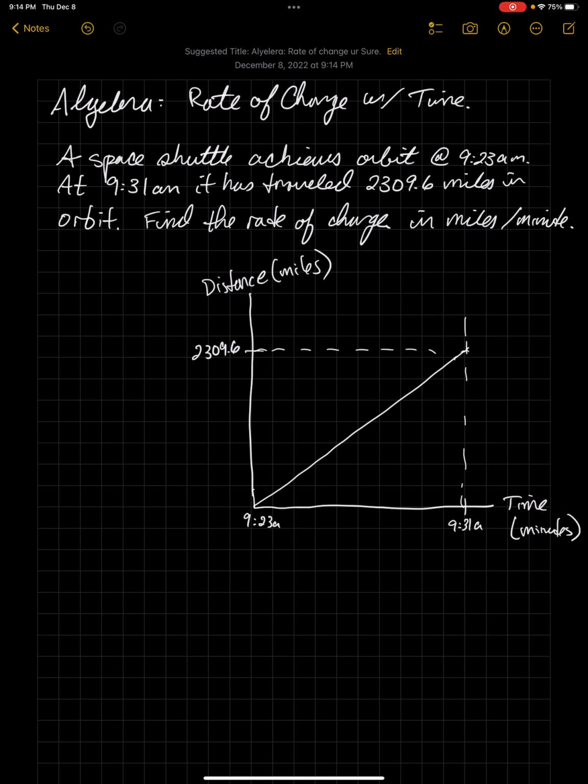So to find the rate of change in miles per minute, what we're really doing is calculating the slope of this line. Distance traveled in miles per minute is the slope of this line.